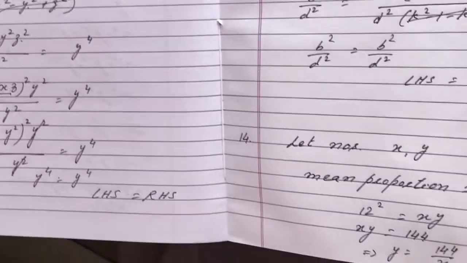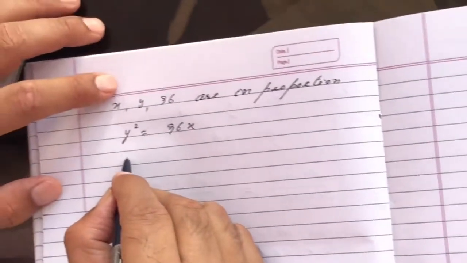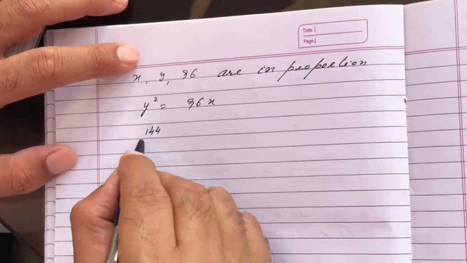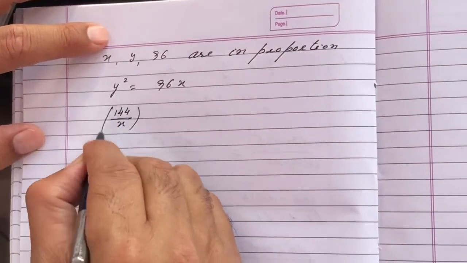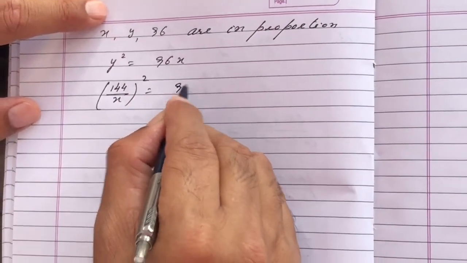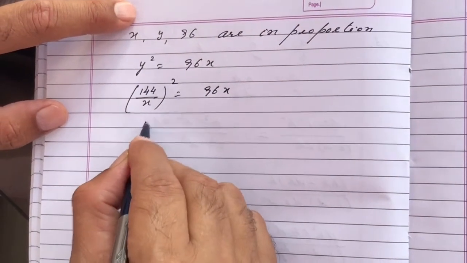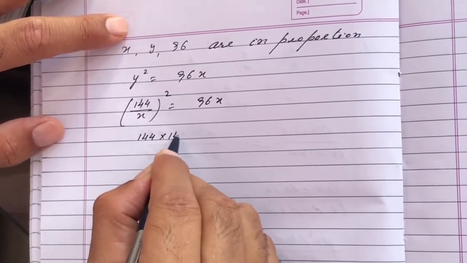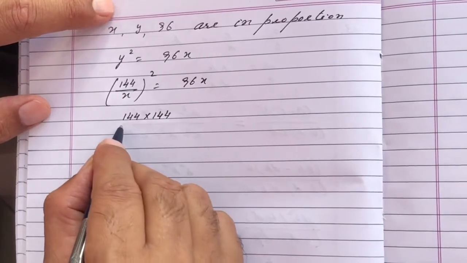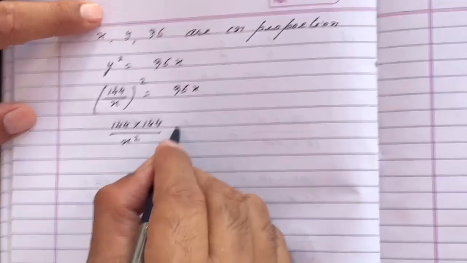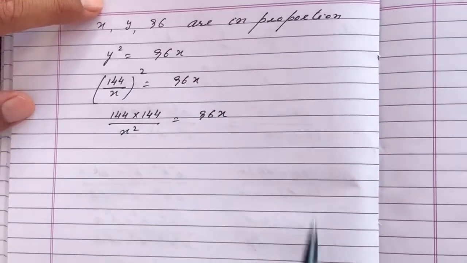Now what is y? y is 144 upon x. So in place of y I write 144 upon x square equals 96x. 144 square upon x square is 96x.